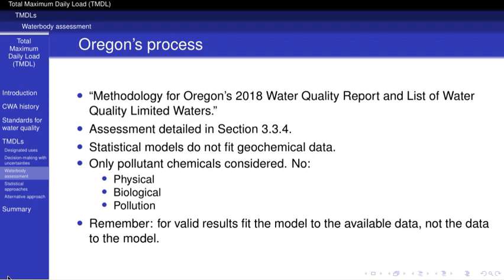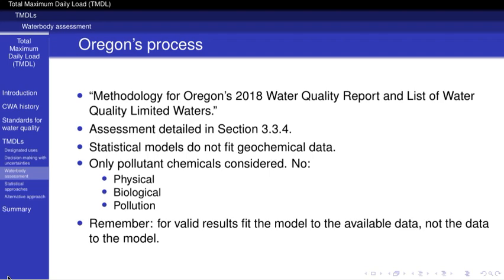Nor does it include specifics for assessing the physical and biological status of the assessment unit. The agency focuses only on pollutants; no pollution factors are considered. I'll explain in detail why these are wrong because it's important that you understand this.